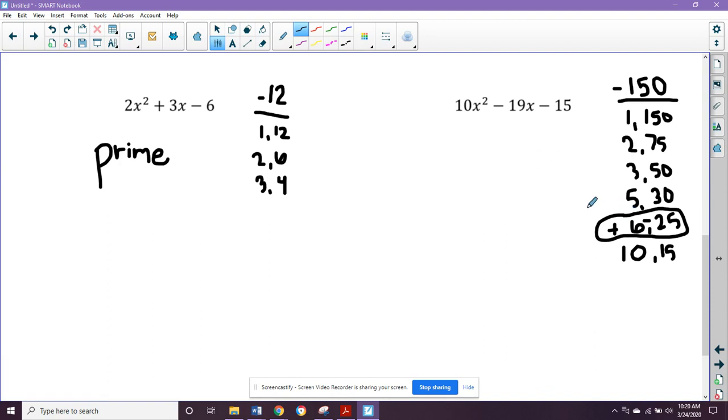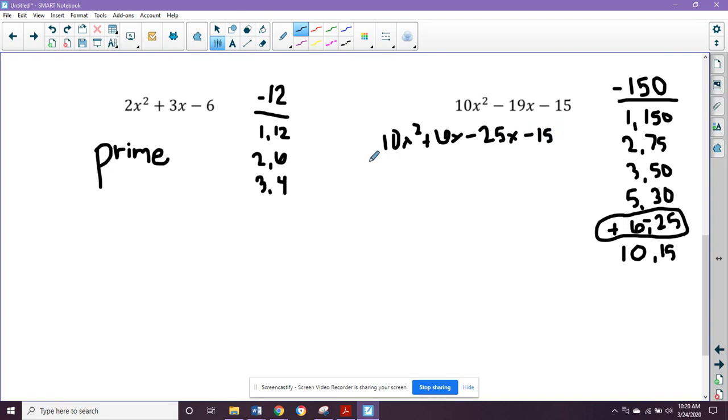So we're going to substitute those factors into the middle term. So write the first term, 10x squared plus 6x minus 25x minus 15.